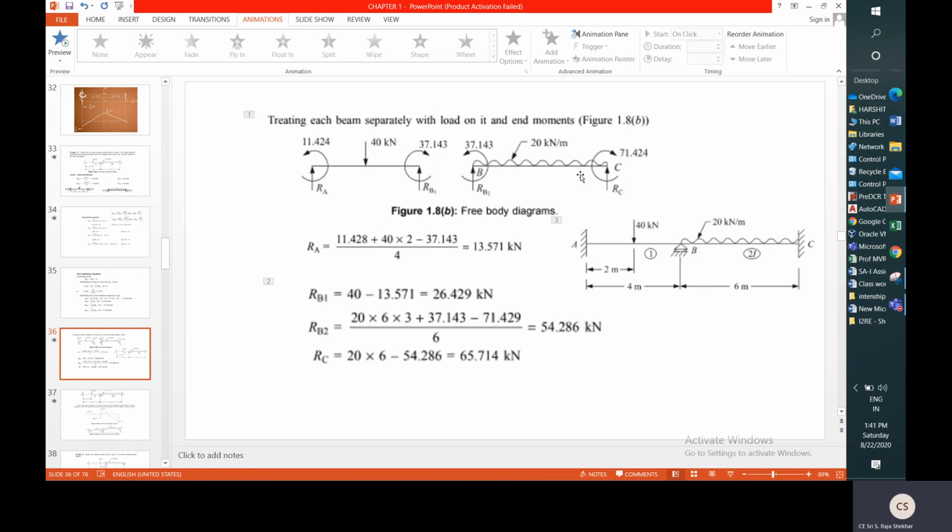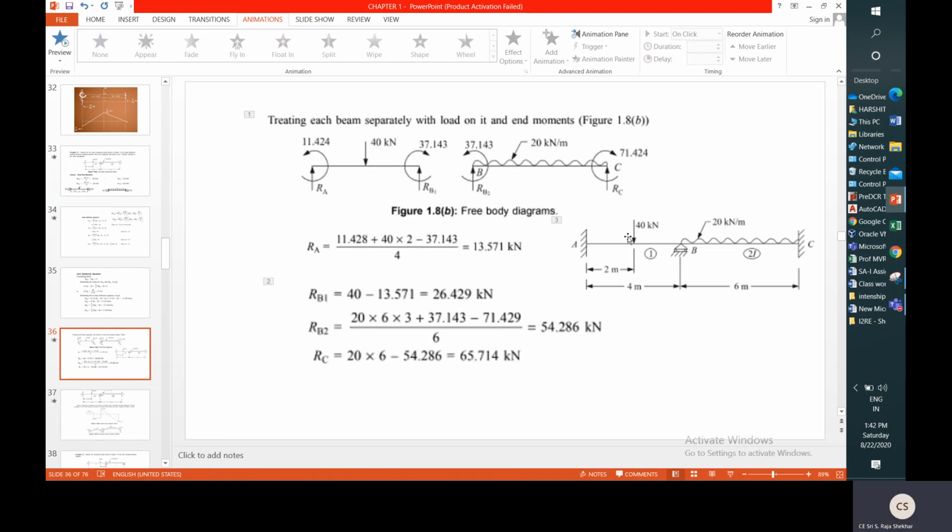This is the total load. Because of this UDL, the total load will act at the center. Moment is equal to total load into perpendicular distance. So perpendicular distance is 3 meters, plus 37.143 is a counterclockwise moment, minus 71.424, that is a clockwise moment, considered negative in this case. Now we are getting RB2 is equal to 54.286 kilonewton.